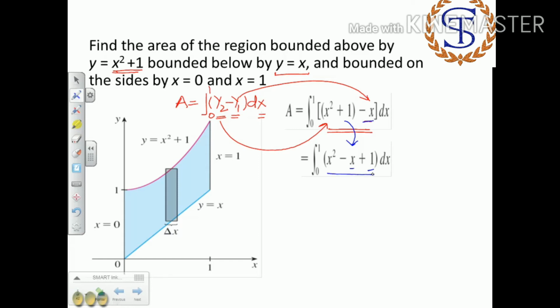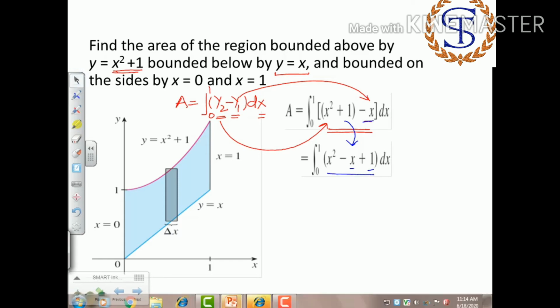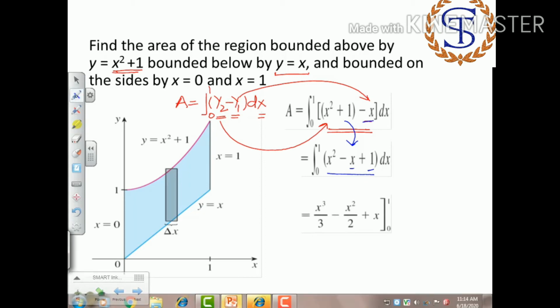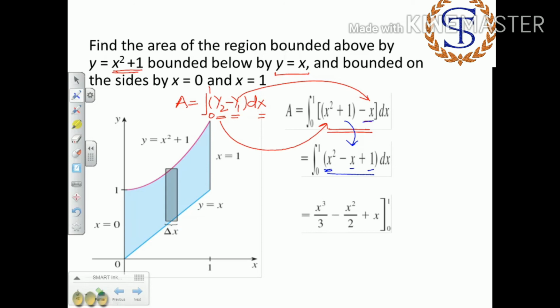Now integration of x square minus x plus 1 is: integration of x square is x cube upon 3, integration of x is x square upon 2, integration of 1 is x, and now limits are 0 to 1. So we put limit from 0 to 1.